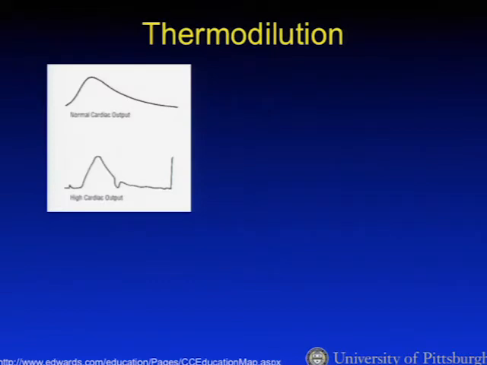Pulmonary artery thermodilution, that you're all familiar with, uses known volume and known temperature injectate injected into the right atrium, and then temperature changes are measured by a thermistor in the PA. Then the area under this dilution curve would be inversely proportional to cardiac output.